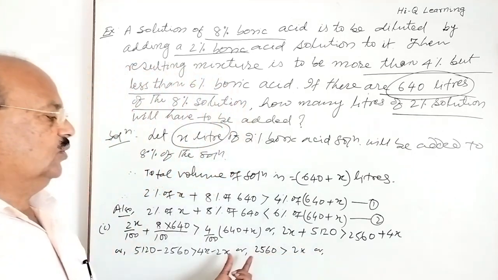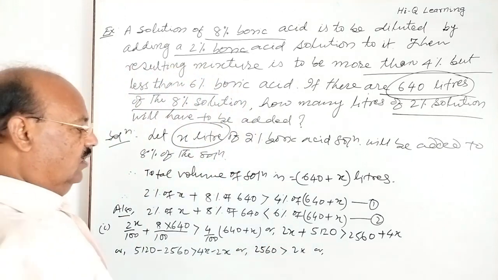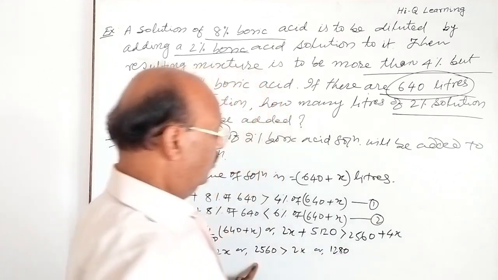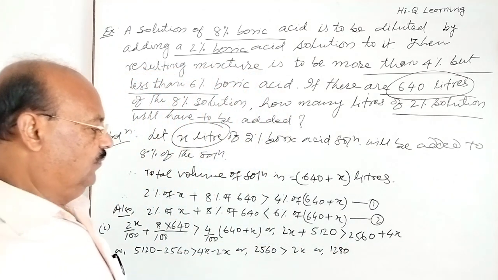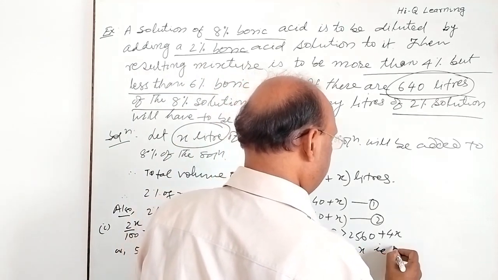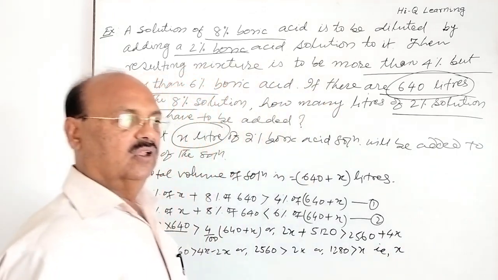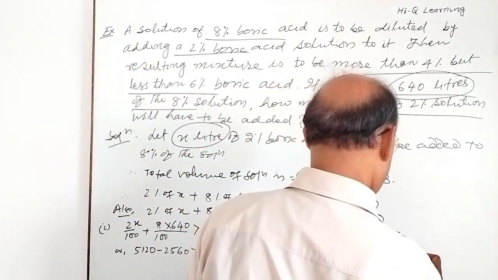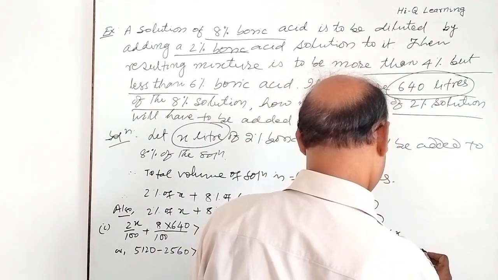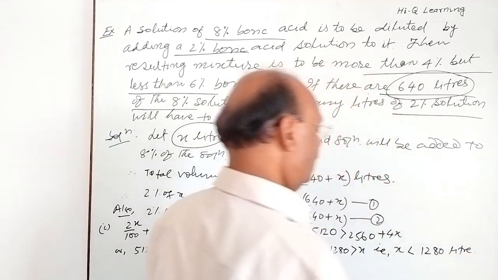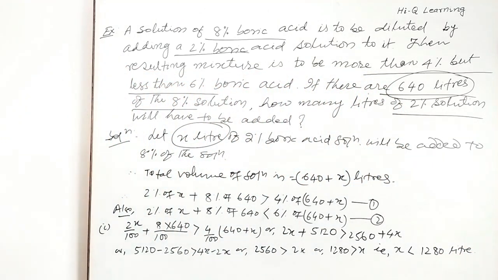Dividing both sides by 2, we are getting 1280 greater than X. That is, the amount of the solution with 2% concentration, which is X, should be less than 1280 liters. Correct?